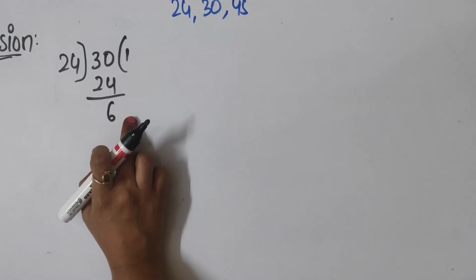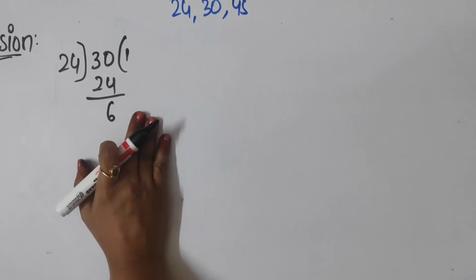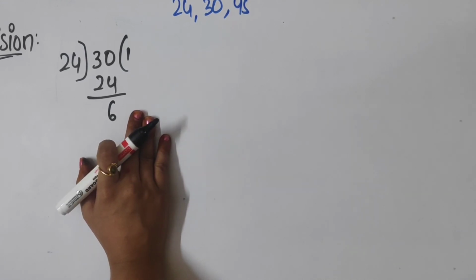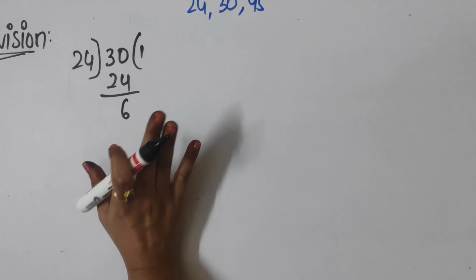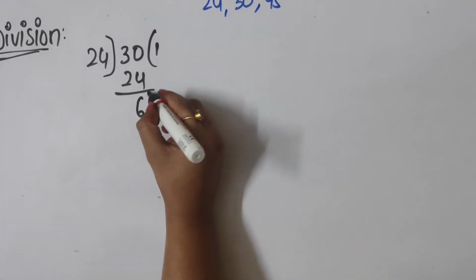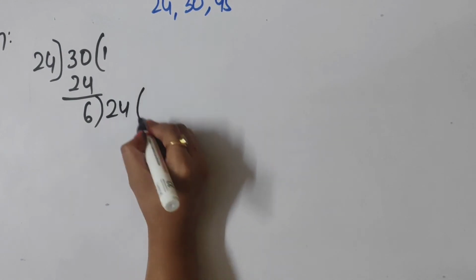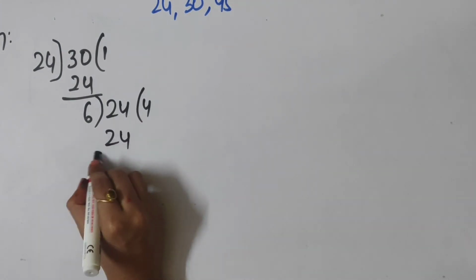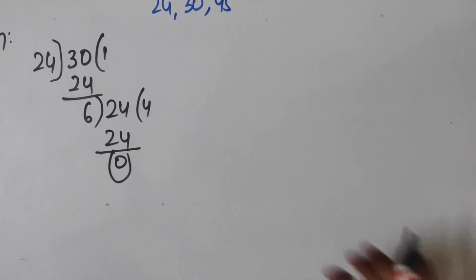Now also I said the second rule, which is in HCF we need to perform division till we get 0, especially in this method. So 6 is going to be our new divisor and 24 the new dividend. 6 4s are 24 and the answer is 0.